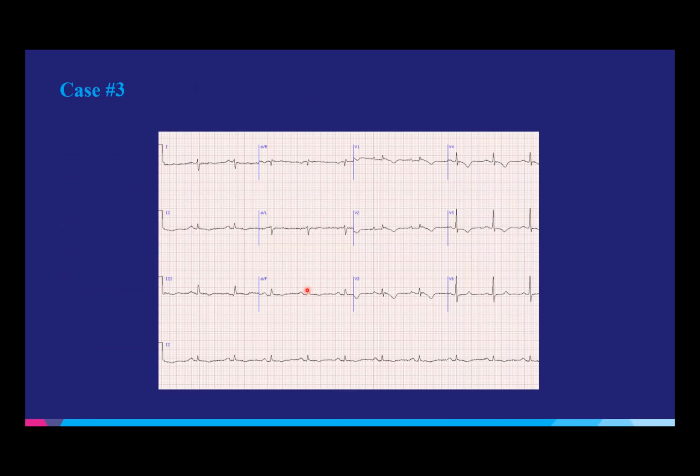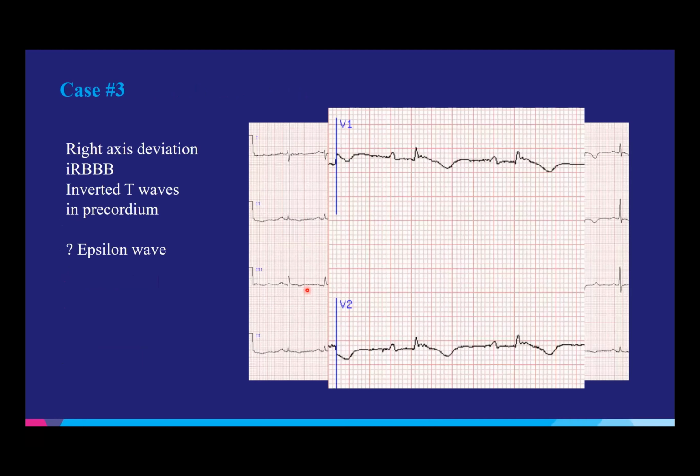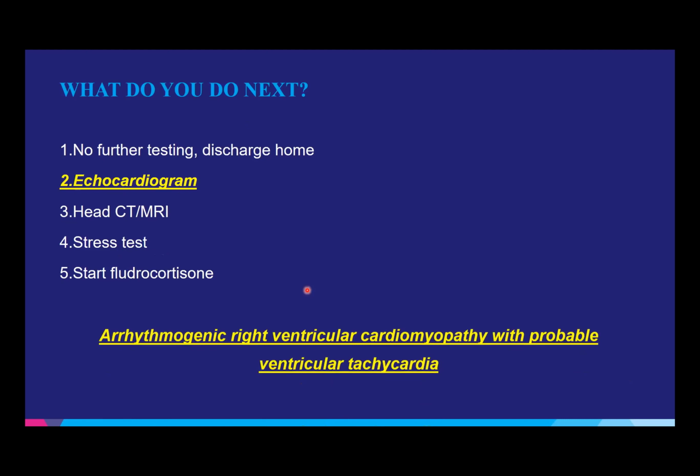A 26-year-old should have a completely normal EKG. We know she has a right bundle, we know she's got inverted T waves. And this creepy little epsilon wave apparently indicates, and I only learned this recently, that you have right ventricular cardiomyopathy, which is much more likely to cause ventricular tachycardias. Okay.